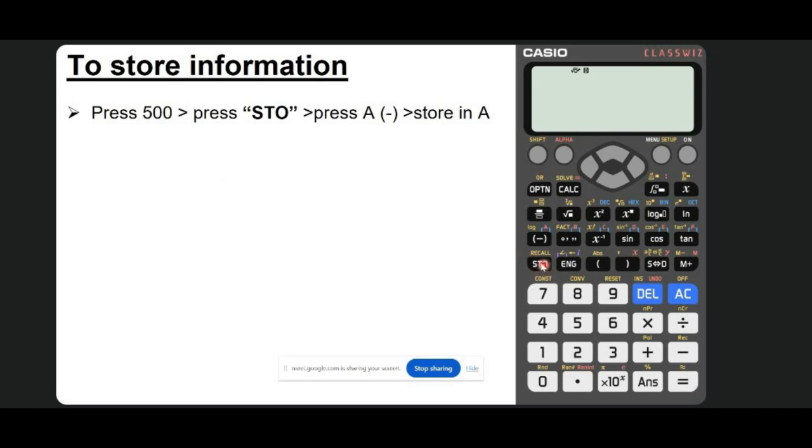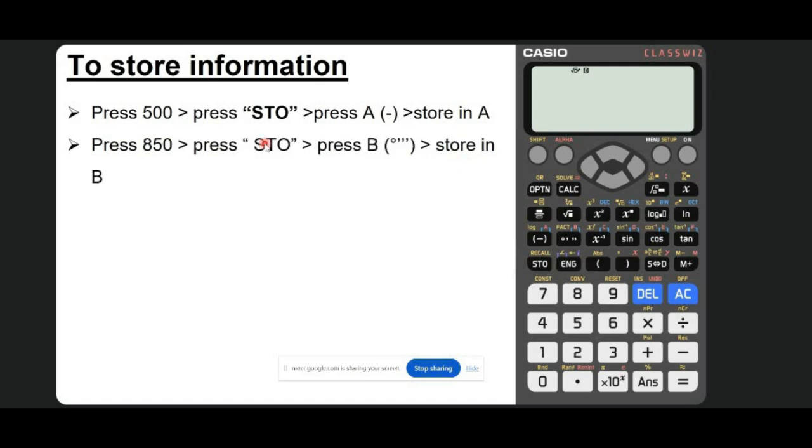This STO button is beside ENG. STO means store. So you press STO, and then you press A. A is above STO. So you press A, means that you store this 500 inside the symbol A.